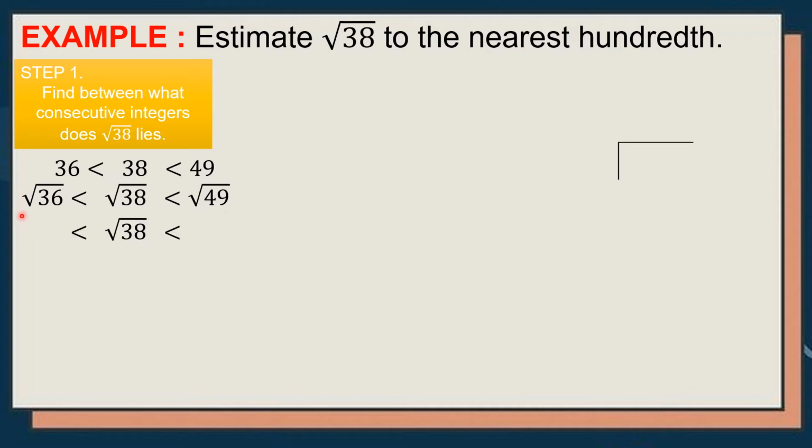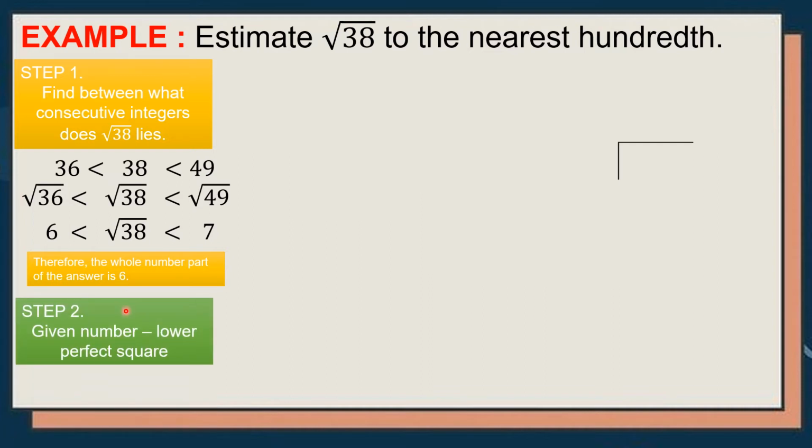The square root of 36 is 6, and the square root of 49 is 7. So for our step number 1, the whole number part of our answer in estimating the square root of 38 is 6. Okay, so let us skip this. So 6 is the whole number of our answer.